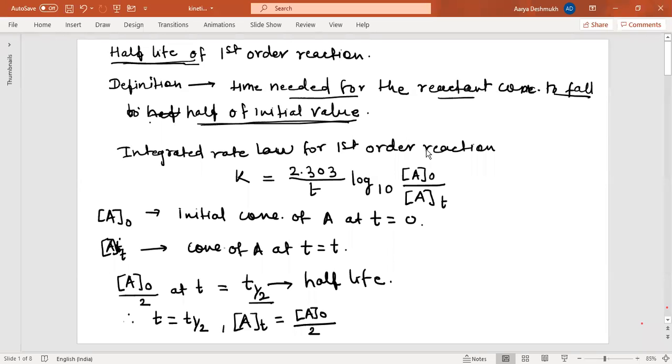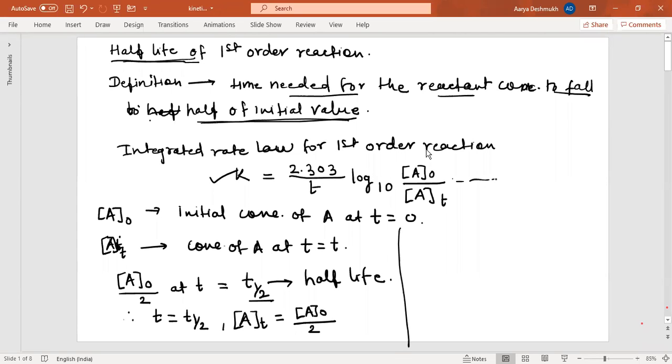Now, you have this equation in front of you. If you substitute this value in this equation, A_t is equal to A_0, the concentration at 0 time, divided by 2, you will get the equation right here. I'll try to accommodate things on the same slide.